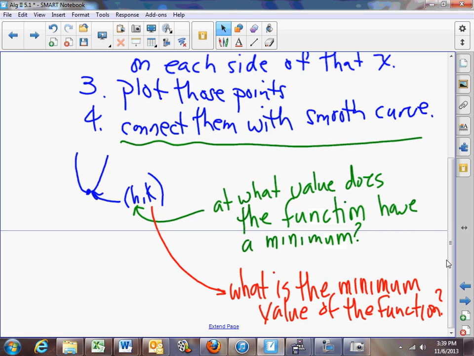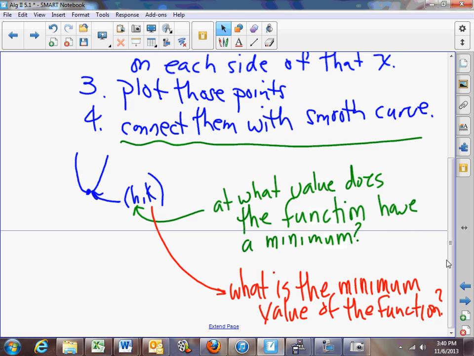They ask for two specifically different things, and it is very important that you delineate between these two things in the questions that are asked. The x value is what you put into the function to get a minimum. The y value of the vertex is the minimum you get.